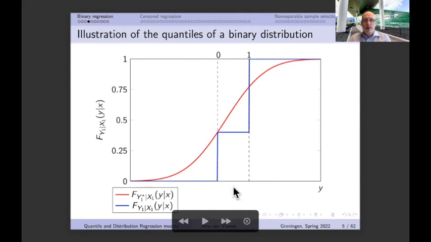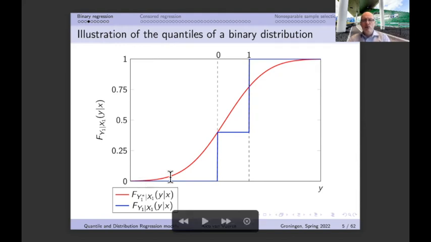Here we have on the x-axis the different values of y, and on the y-axis the distribution functions. And let's first of all look at the distribution function of y1 star conditional on x1. Let's assume that that is this red distribution function that we have over here. Of course, we do not really observe y1 star, and y1 star itself doesn't even have any interpretation.